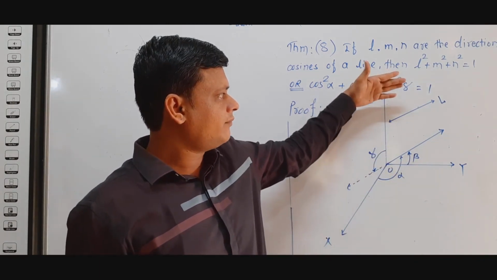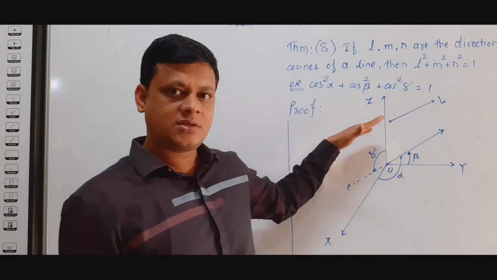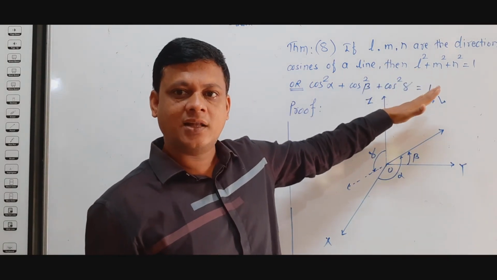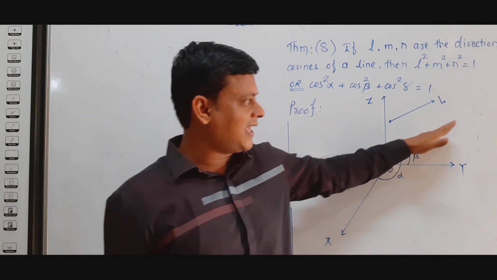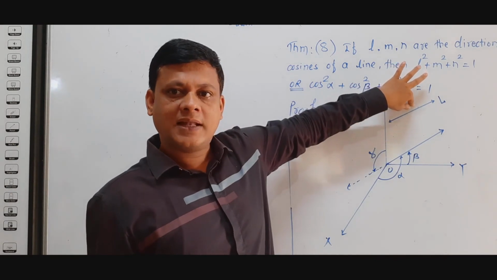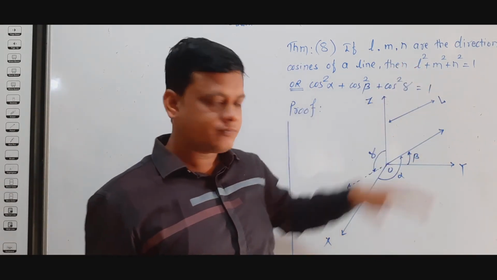So in the diagram we cannot denote the notations. So we consider a line parallel to this line L which is passing through the origin. The angles made by this line passing through the origin, parallel to line L, and the angles made by line L are the same.